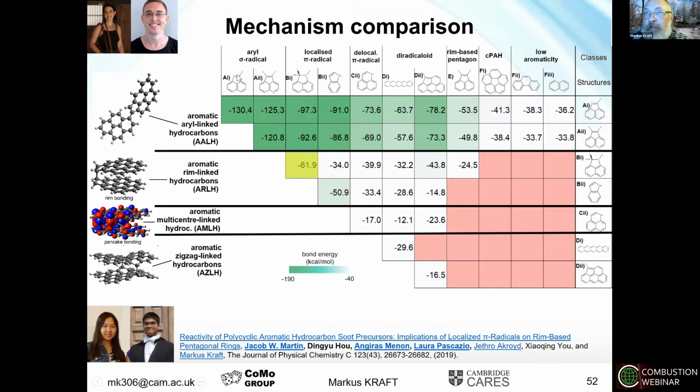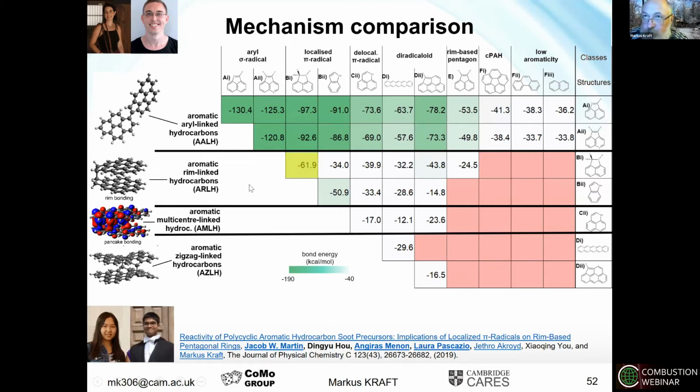And now we look at how each structure can react with the other one. And it is clear that if you have aromatic aryl-linked hydrocarbons, you get very strong bonds, and the green color indicates that these structures can exist in flame environments. So we can be almost certain that in the flame, we will find that type of bonding.